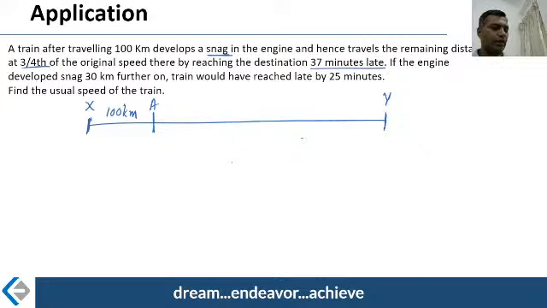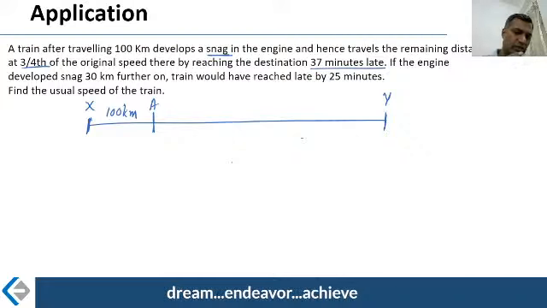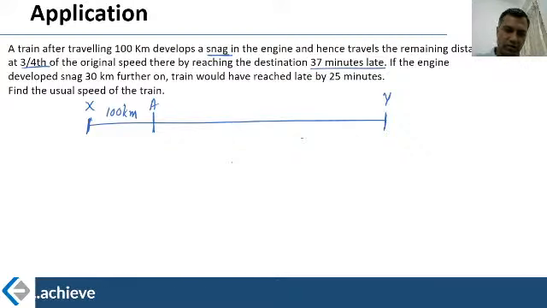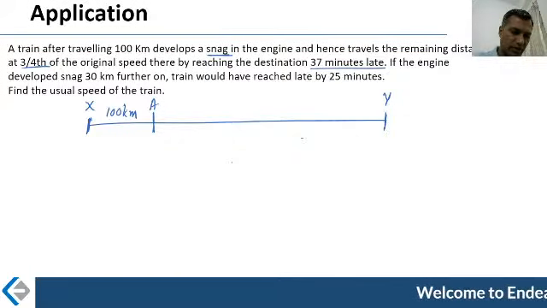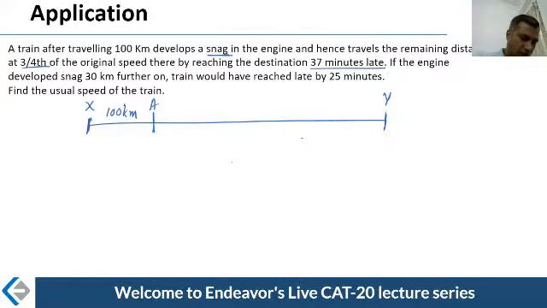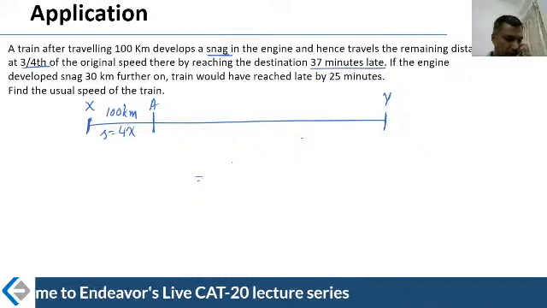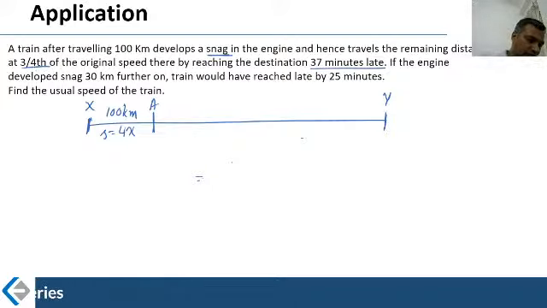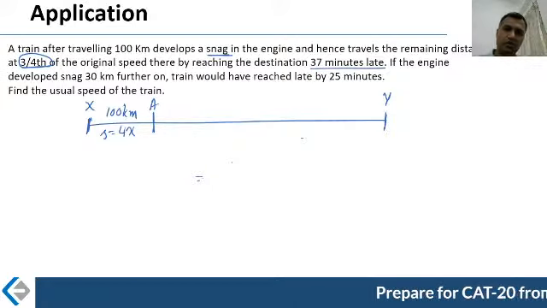Because of the problem, what happened? The rest of the journey, that is A to Y, the speed here is 4x. You may wonder why not x, why 4x? Because there's a 3/4, as I told you in the previous question.